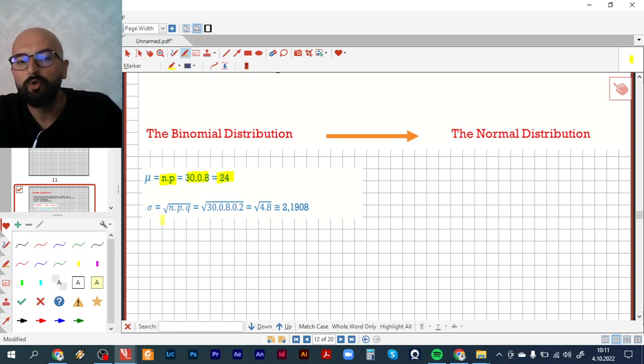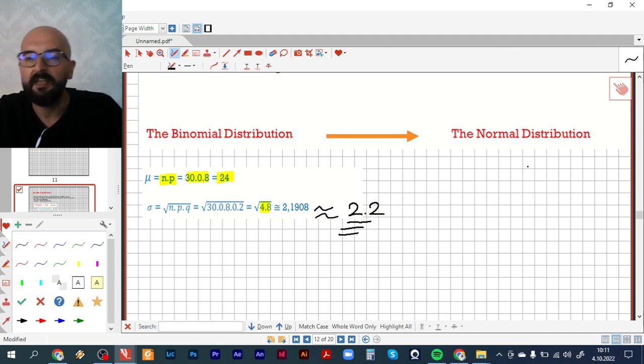The standard deviation is the square root of npq, which is 4.8 under the root, approximately 2.1908. So we have 2.2, and we can accept this value.